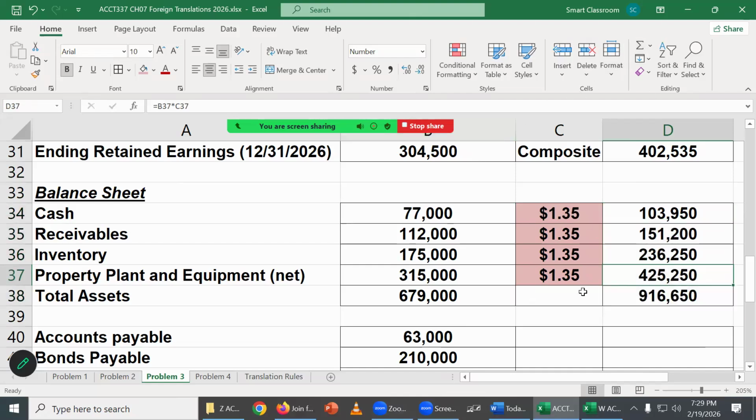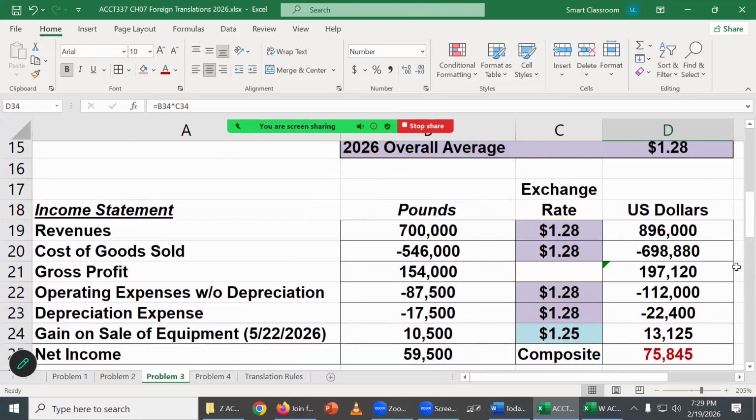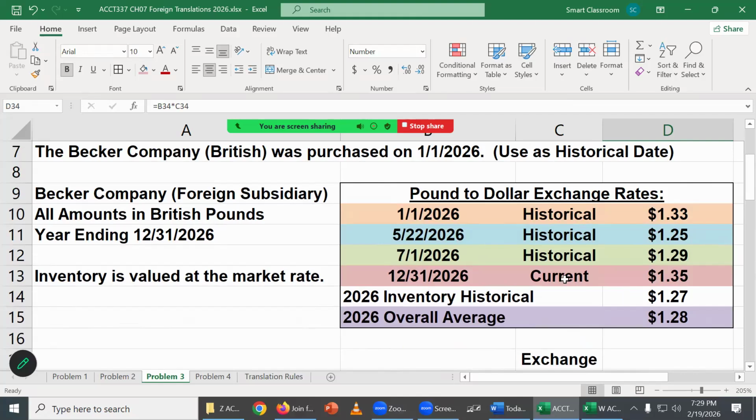And this one's actually not a composite. This will be at the exact same rate. So before I get too far into this, let me make sure I grab the right one. Current rate, which is actually the year-end rate of $1.35.